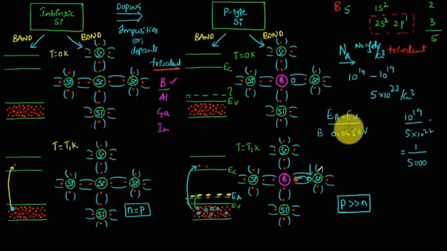But this electron which is moving is not moving to the conduction band. It is moving to this energy level, which is the energy level of the acceptor. Yes or no? This is the energy level of the vacant atomic orbital of the acceptor.